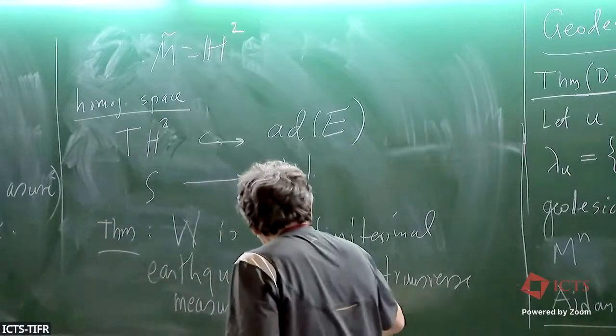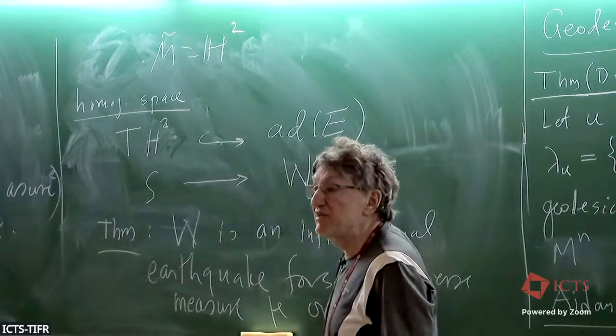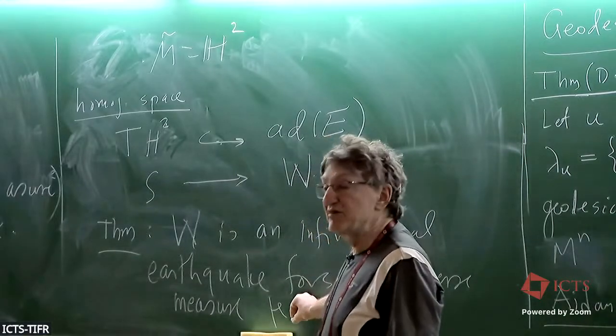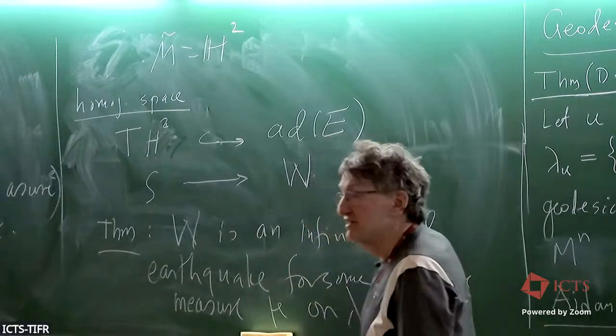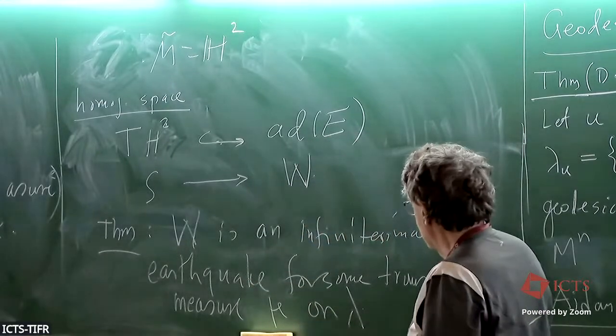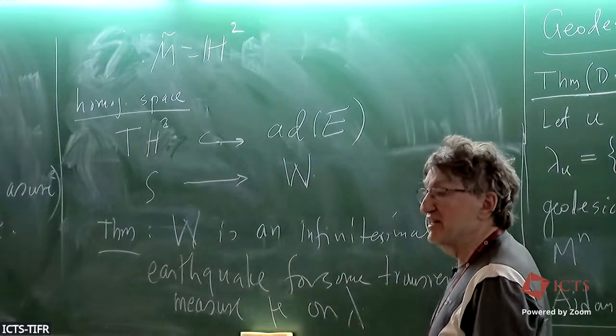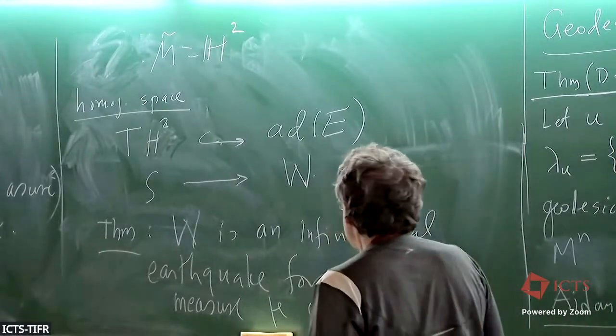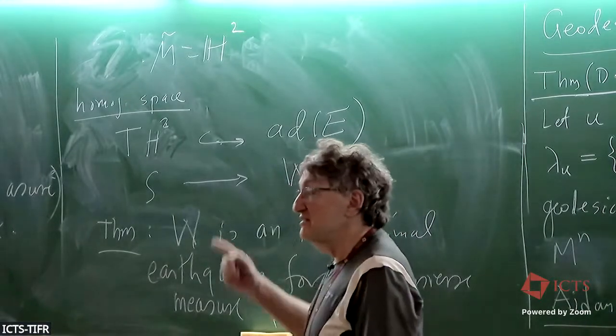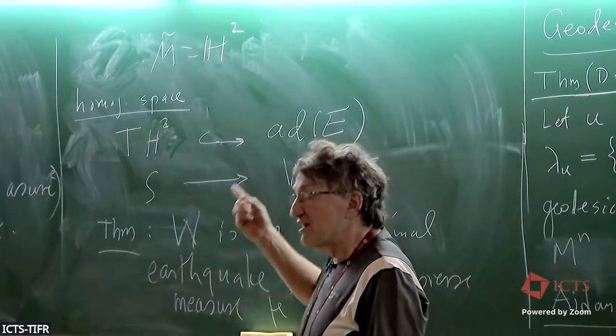On lambda, when I say transverse measure on lambda, I mean not on all of lambda. Unlike the topologist, I'm not assuming the transverse measures are supported on the whole lamination, only on part of the lamination. And this is an infinitesimal earthquake, not in the previous sense that we talked about, but in the sense of Thurston.